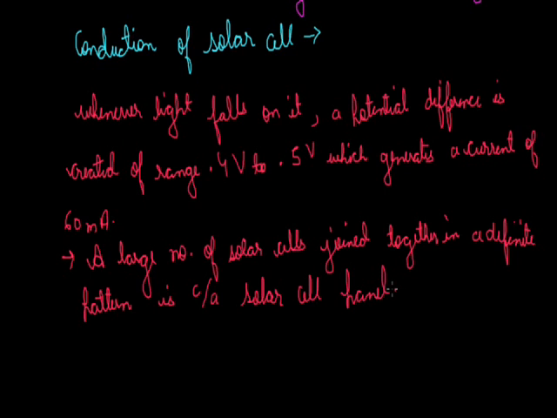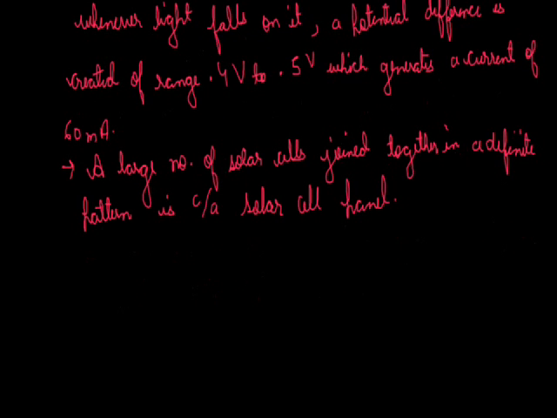The solar cell panel would have an increment of potential, and this increment in potential would result in high current generation. Now these solar cells also have wide applications.